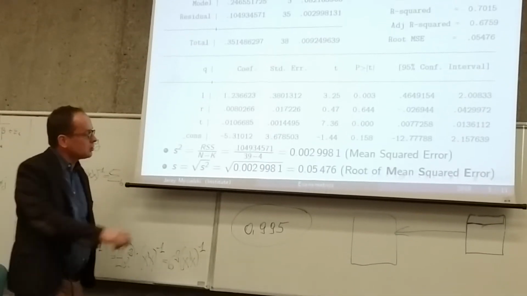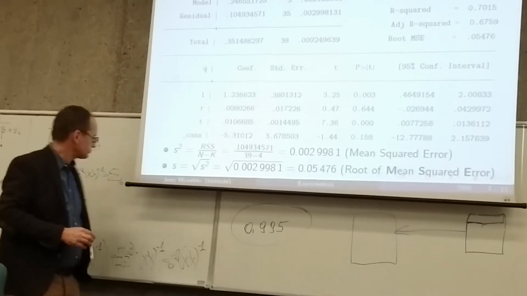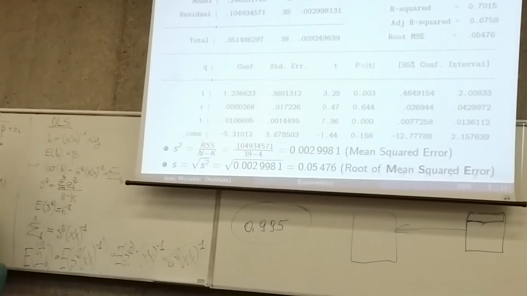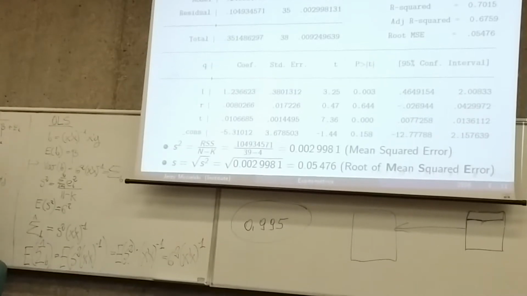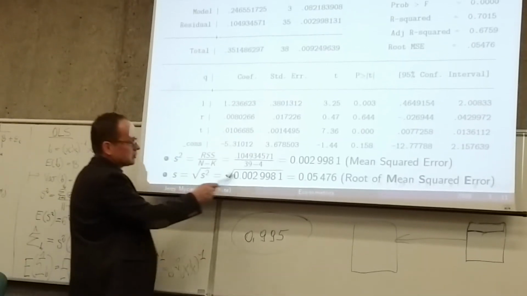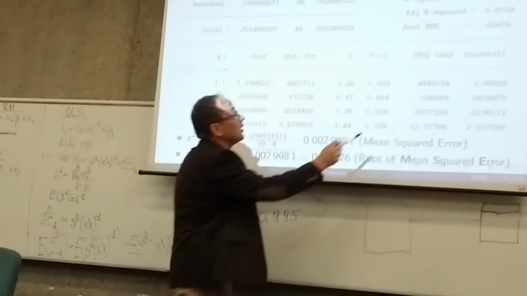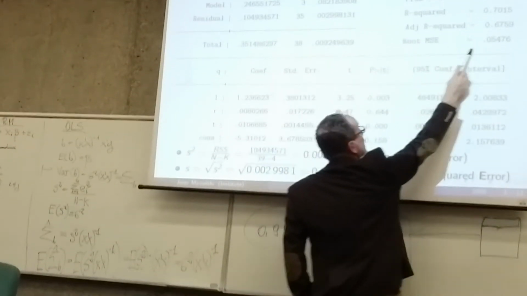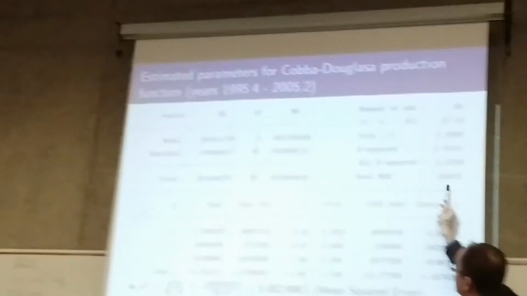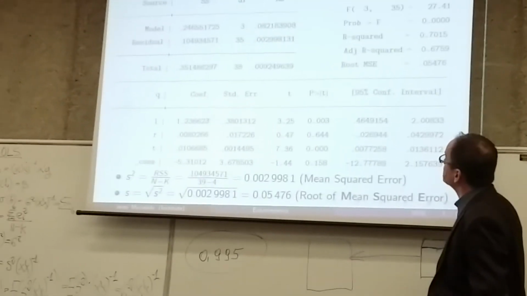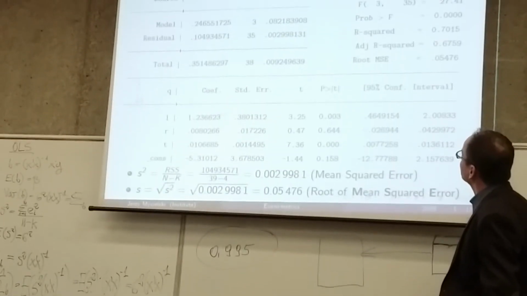And now the root of this. Basically, the estimate of sigma rather than sigma squared is just the root of this number, and this is reported here. So here we have the estimate of the standard deviation of the error term.